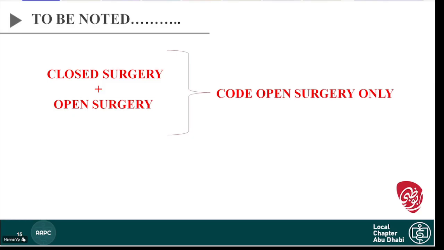Sometimes it will happen. They cannot complete the surgery by using the endoscope, so they will remove it, then make it open. So closed plus open surgery is coming together. In this case, we should code only open surgery. We don't want to code closed.